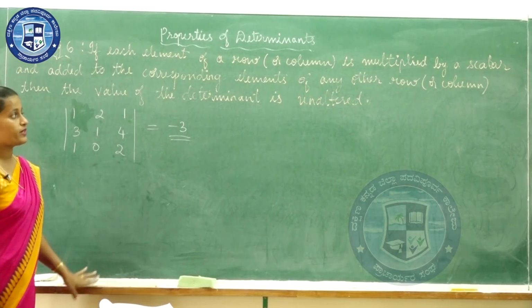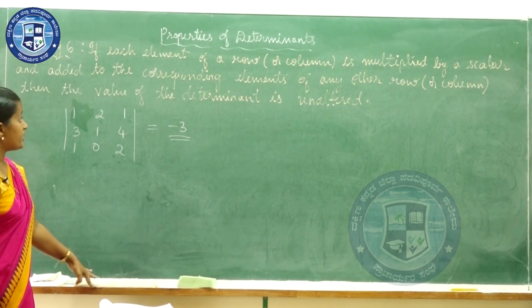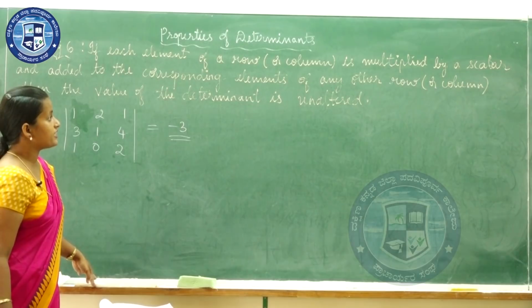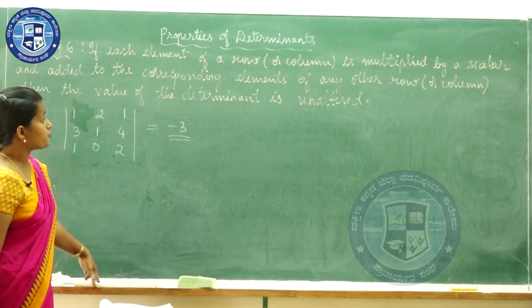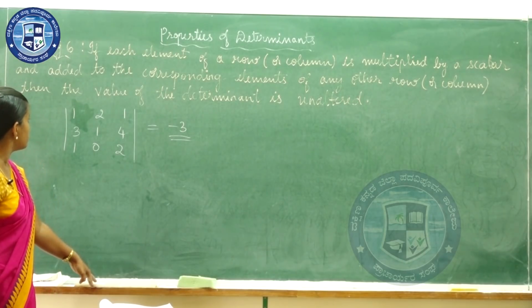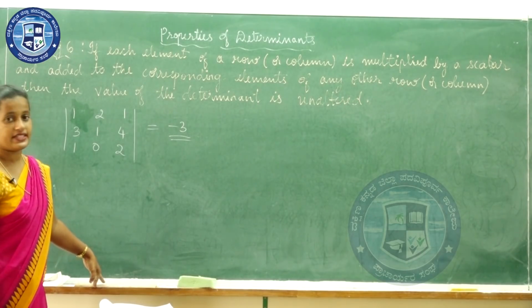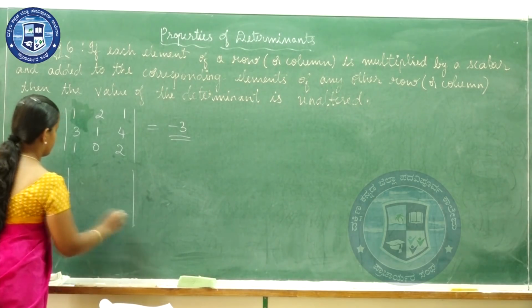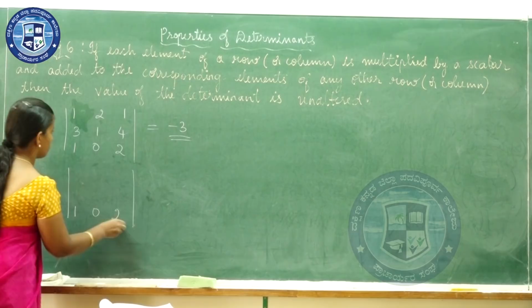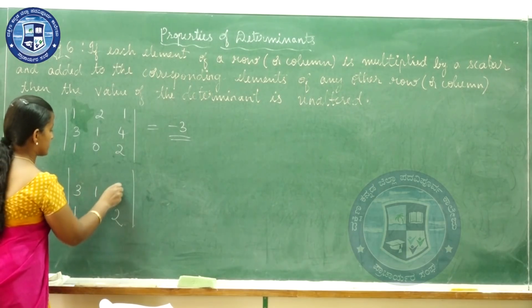Now, what is this property saying? If each element of a row is multiplied by a scalar and added to the corresponding elements of any other row or column, then the value of the determinant is unaltered. Now, I will keep the third row and the second row as it is.